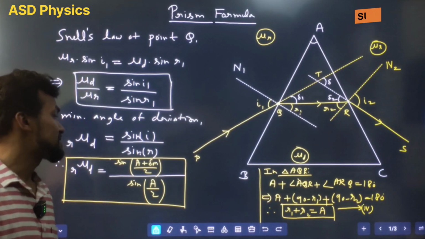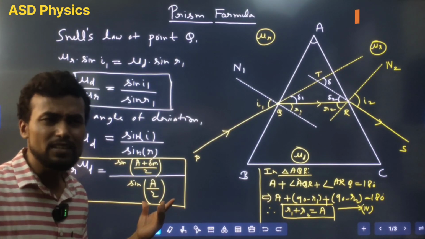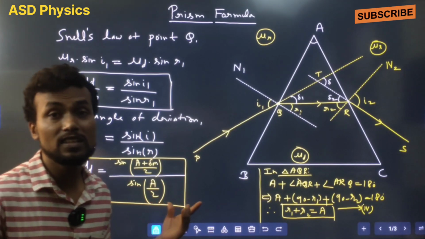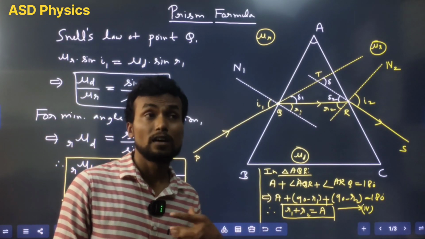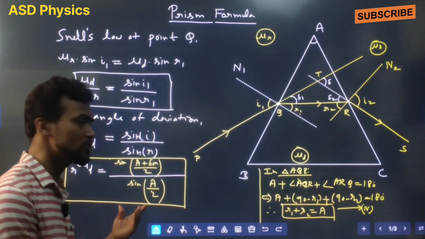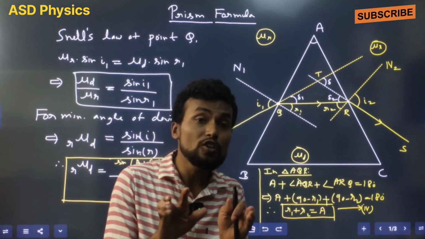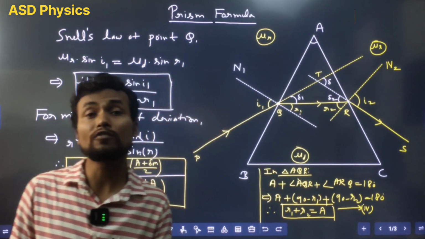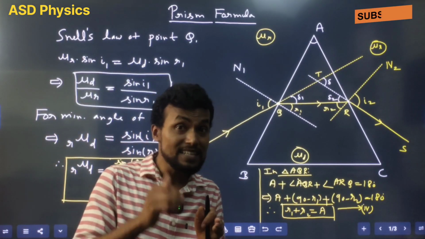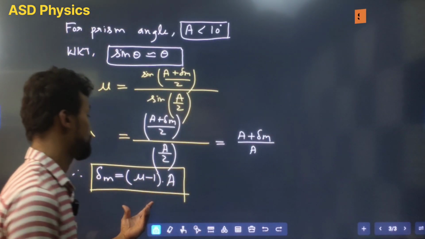The second last thing is that this formula you can use for any kind of prism angle. Even for an equilateral prism, where the refracting angle of the prism is 60 degrees, you can use this formula. But if the question says the angle of prism, or refracting angle of the prism, is less than 10 degrees, then use what I have taught you here.